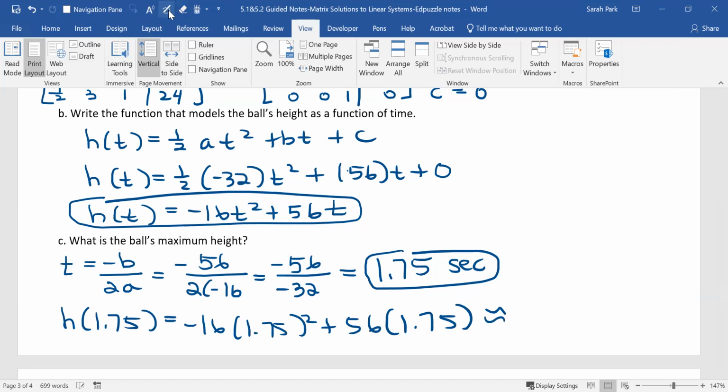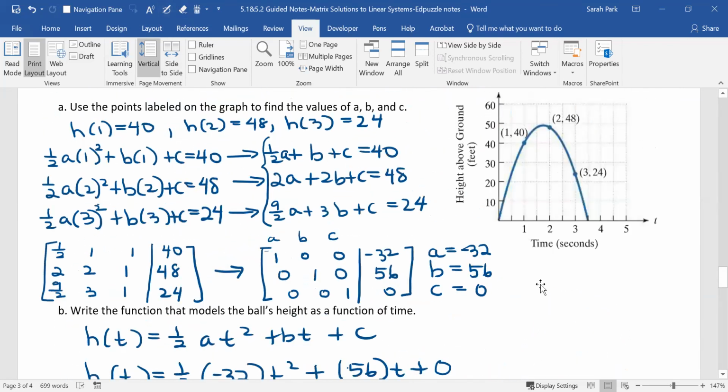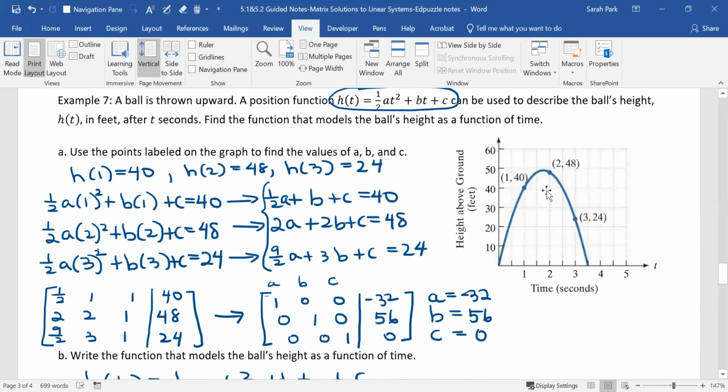And that is approximately 49 feet. Okay, so its maximum height is 49 feet at 1.75 seconds. If we go back to the graph here, you can see it does look like it's reaching the maximum height at 49 feet at about 1.75 seconds after it's been thrown.